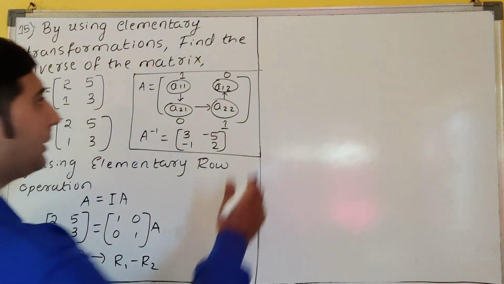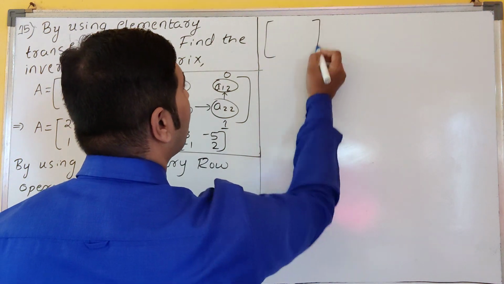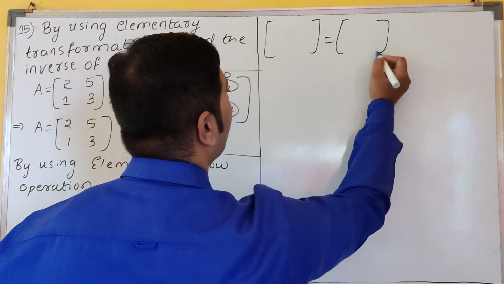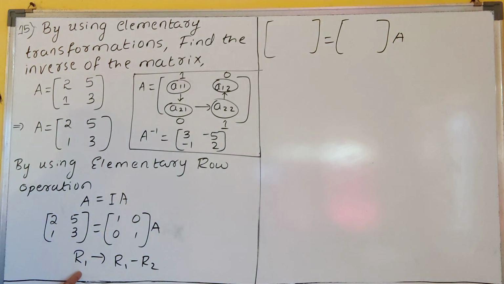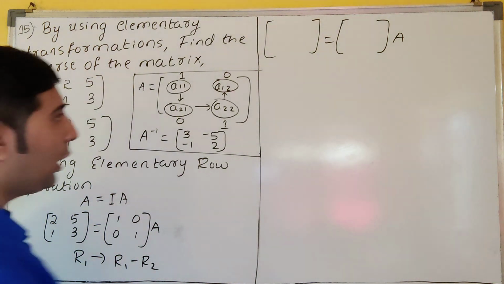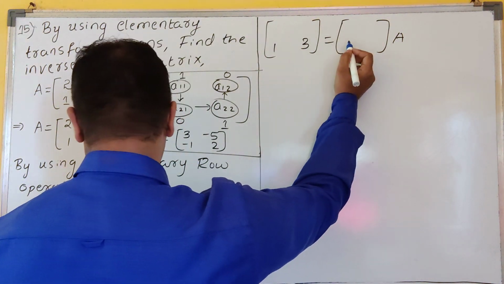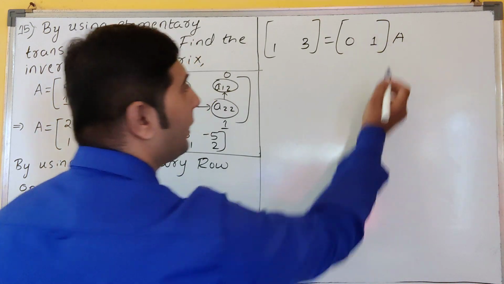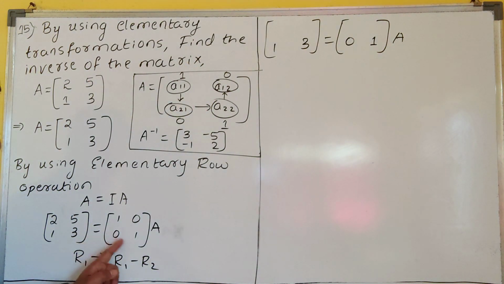So now let us continue this. You are changing R1. R2 is not changing, so 1, 3 I will write as is, 0, 1 as is. Clear? Because R2 is not changing. R1 is changing.